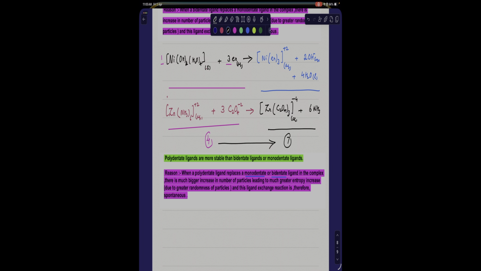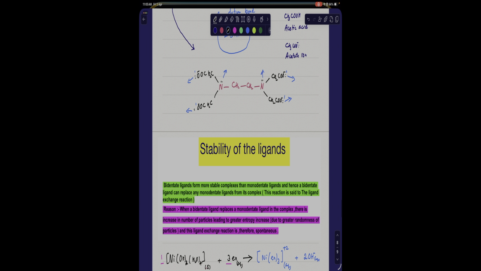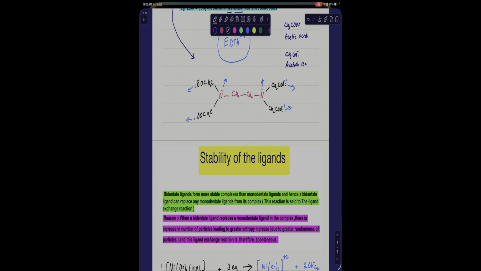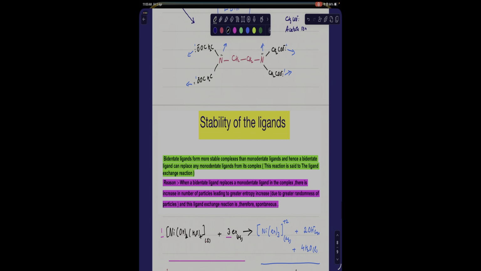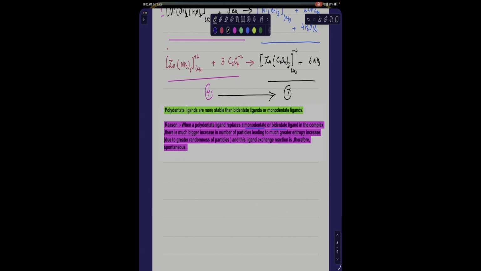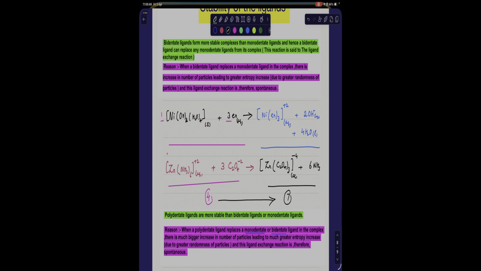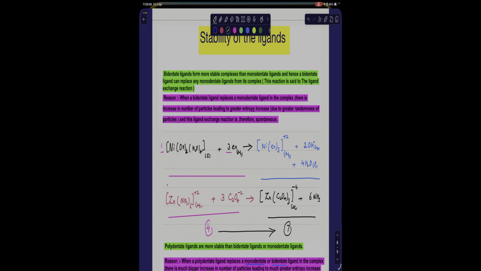So now let's go for polydentate ligand. As you will be knowing, I told you EDTA is one of the most common polydentate ligands, the one which we have just discussed previously. So I told you over there, when EDTA is replacing monodentate or bidentate ligand, basically the reason is the same, because one polydentate ligand can form 6 dative bonds.